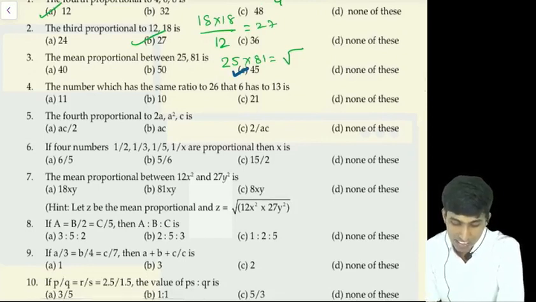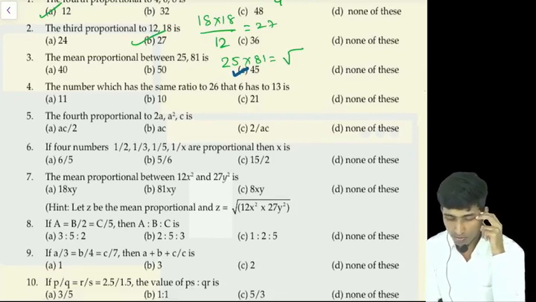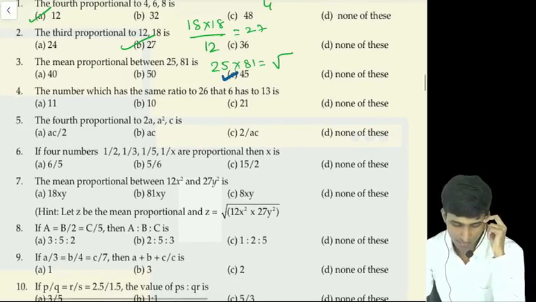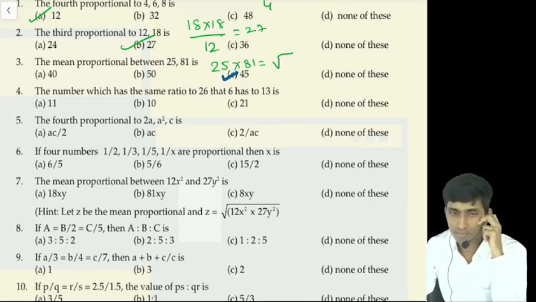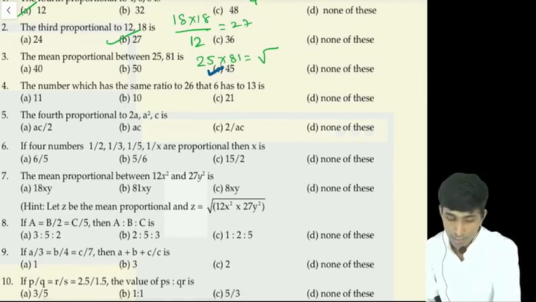The number which has the same ratio to 26 as 6 has to 13. What are they saying?